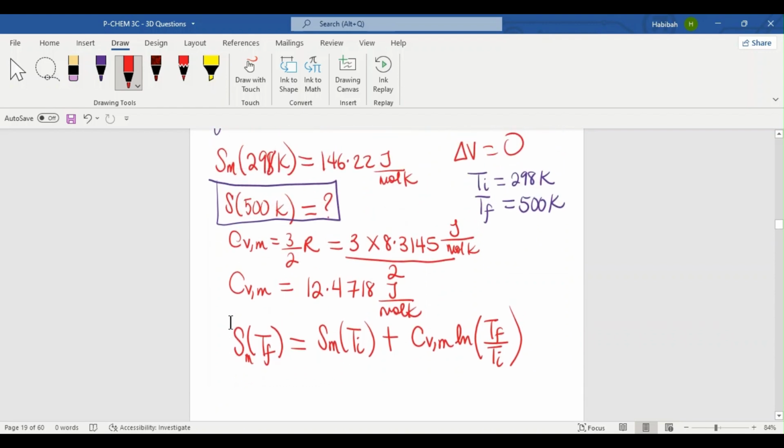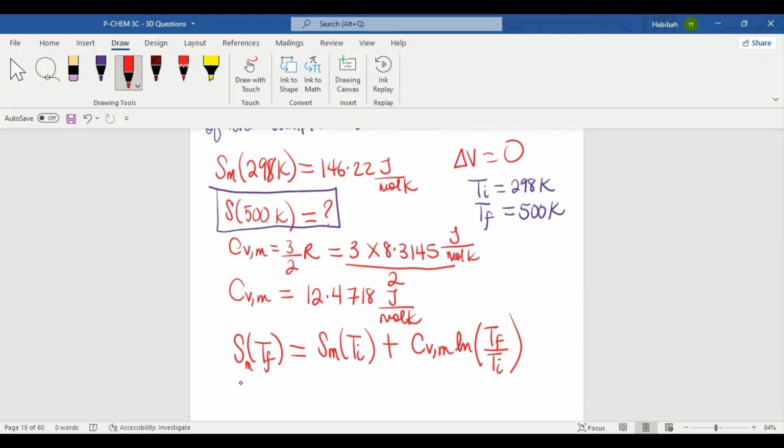Now we just have to simply substitute. So we have S 500 Kelvin, which is what we're looking for, is equal to the molar entropy at the initial temperature. The initial temperature is 298 Kelvin, and the molar entropy at that point is 146.22 joule per mole Kelvin.